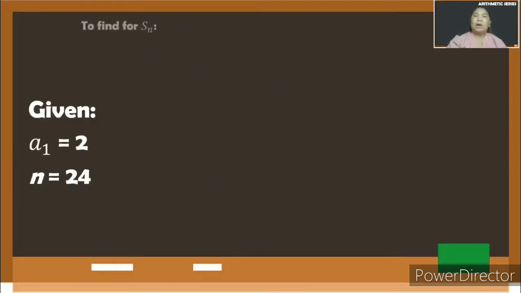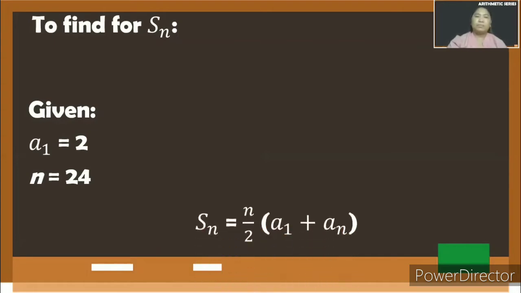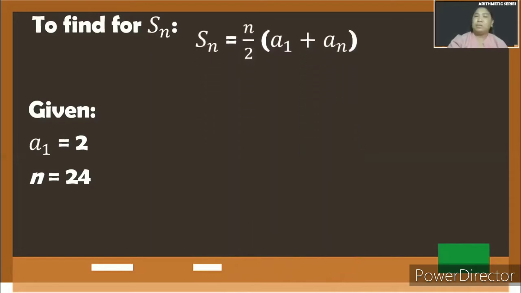Next, how about finding S sub n, or the sum of all the even integers between 1 to 50? We're going to use the formula as we discussed earlier. So we have S sub n is equal to n over 2 multiplied by the quantity a sub 1 plus a sub n. Substituting the givens, we have S sub 24, because we can see here that our terms are 24. So we can get the sum of the 24 terms.